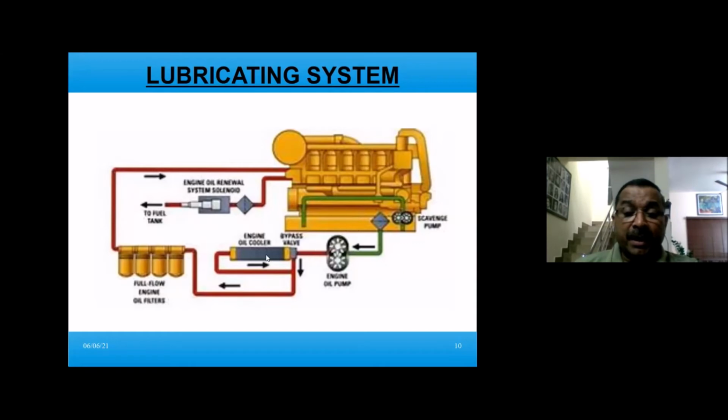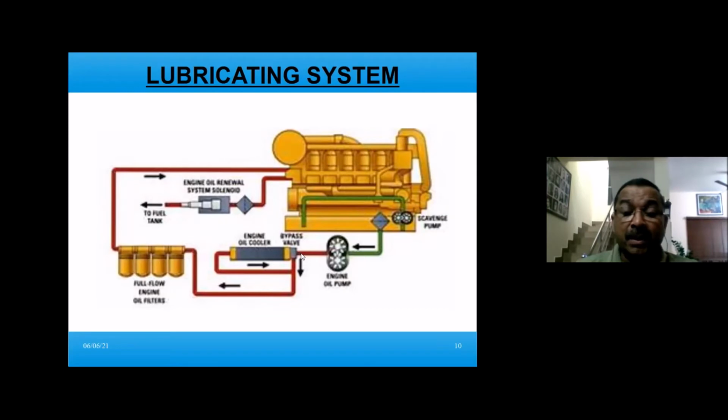Here, actually, at one side, we have a lubricating oil cooler as well. So if the temperature of the circulating oil rises above a particular value, here you have some automatic valves.